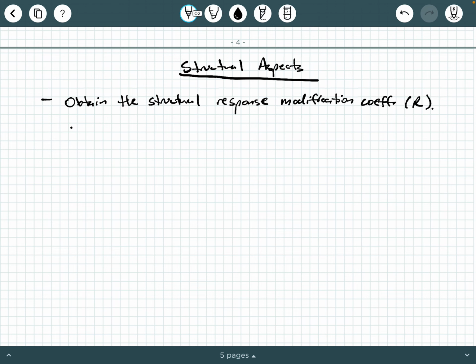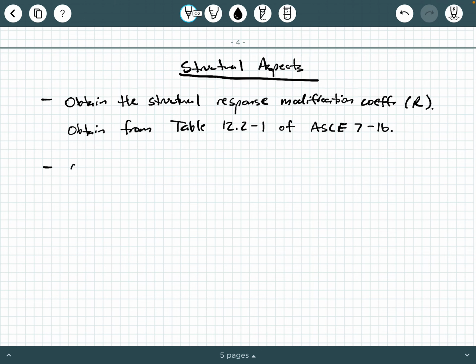And we obtain this from table 12.2-1 of ASCE 7-16. So this is a big table. It's in the provisions. It's a big table. And depending on the type of structural system you have, you're going to have a different R value. So you have to enter that table and pull out this number R, okay?